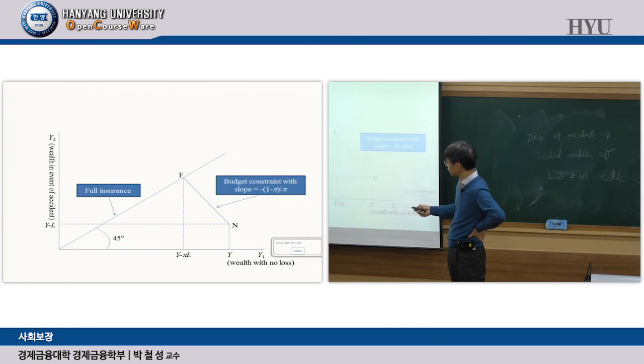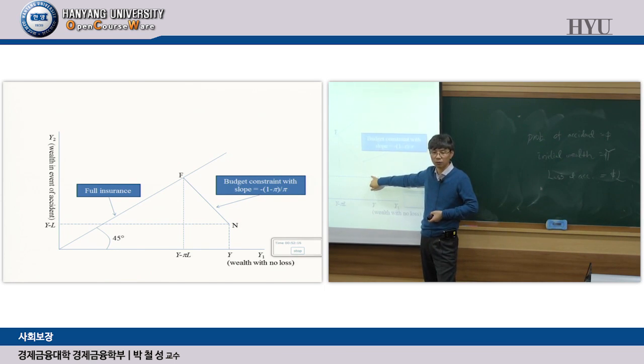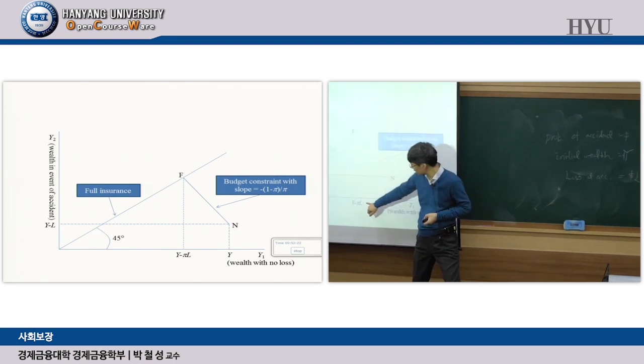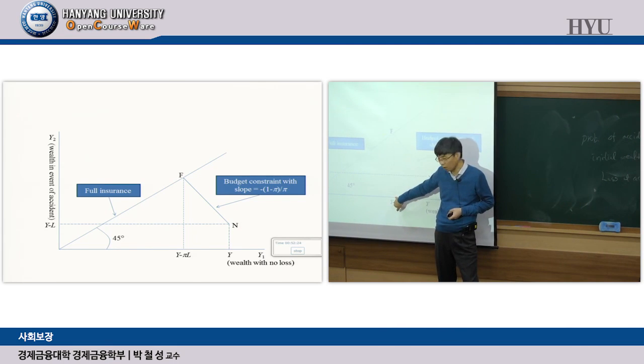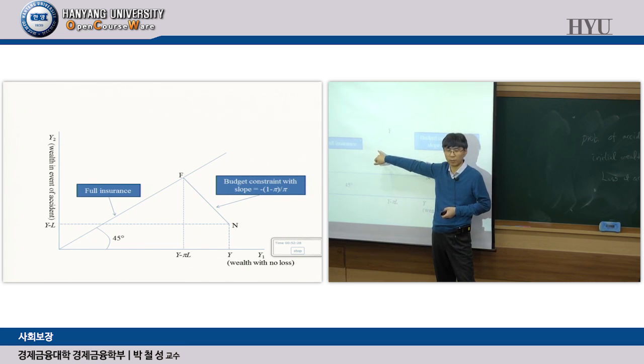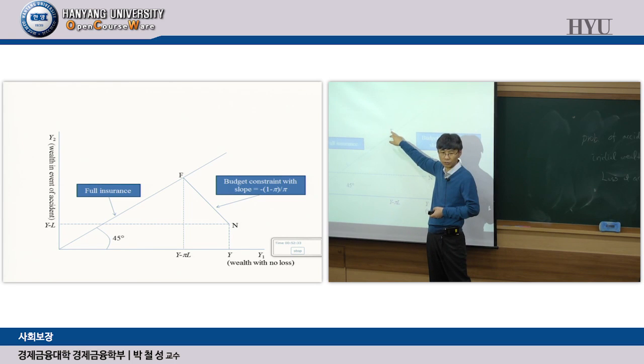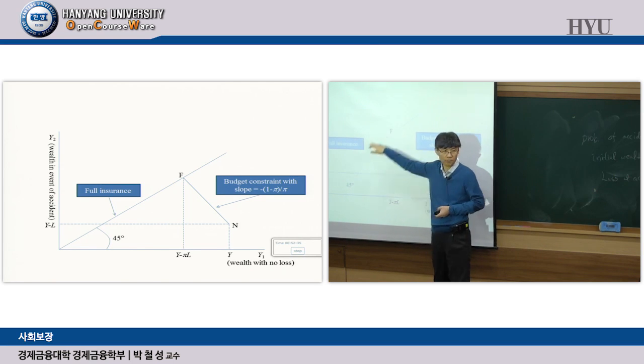Then how about zero insurance? With zero insurance, in the case of no loss, you get Y. In the case of loss, you have Y minus L. So point N is the choice of no insurance. And in the full insurance case, as I said, in the case of no loss you have Y minus pi L, and in the case of loss, you also have Y minus pi L. So F is full insurance.